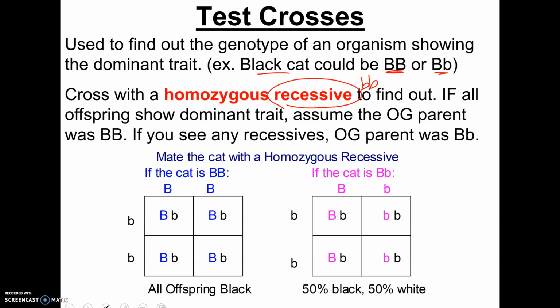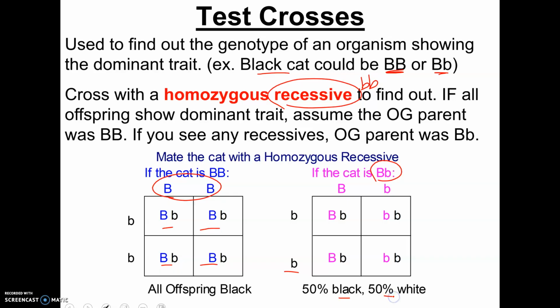So here's what the purpose of the test cross is. If we cross the cat and all the offspring come out black, this would tell us that our original cat must have been homozygous. Again, assume they have a lot of offspring. If they only have 2 offspring, obviously that's not really enough to say that the cat is purebred. And then if the cat was heterozygous, by crossing with a little b, little b, you have the highest possible chance of getting white offspring.